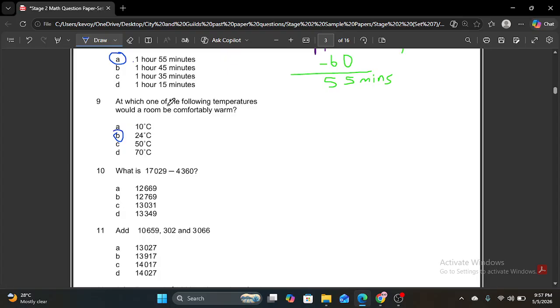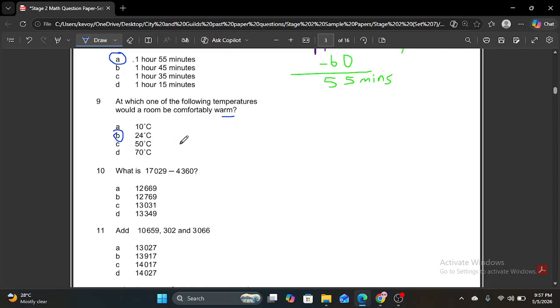Why? Because it says a warm room. So a warm room would be warm enough, and 0 degrees is freezing, by the way. So if we have 10 degrees, that should be cold.